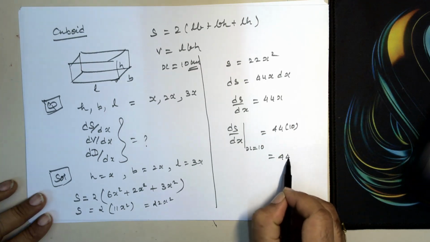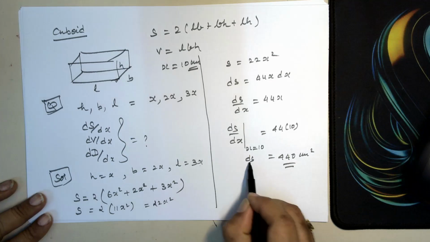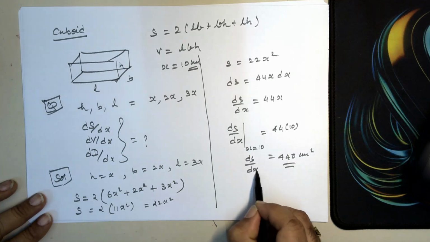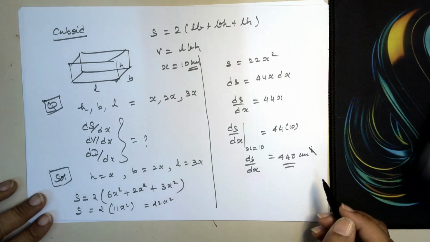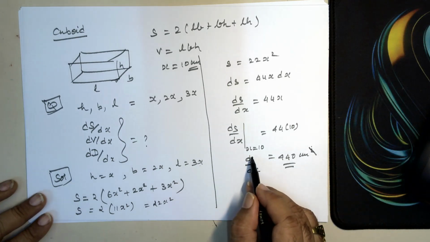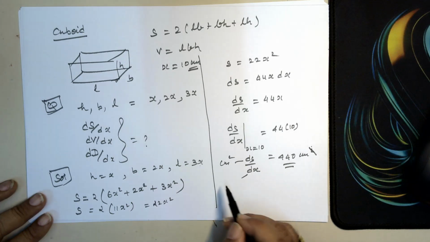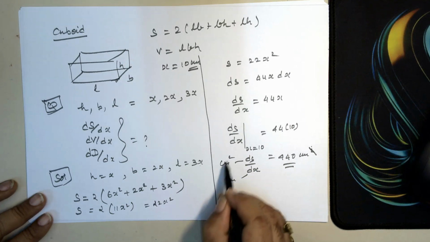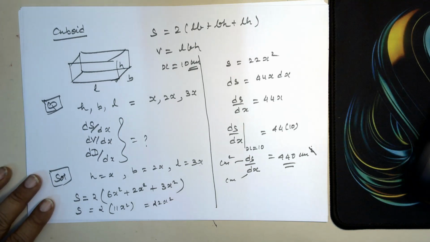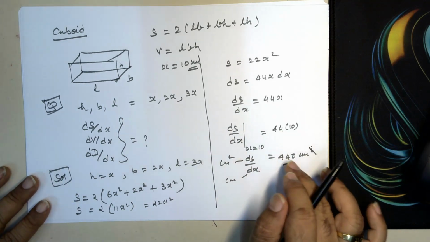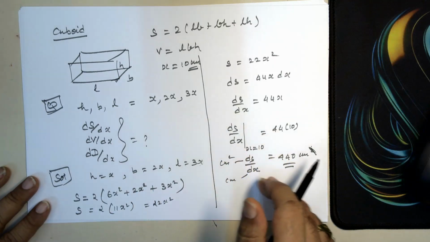That is 440. And it should be centimeter only. Why? Because dS is centimeter square, dx is centimeter. So when you divide this, you will get only centimeter. So in that case, you will get only 440 centimeter. Don't put centimeter square, even though it is dS by dx.